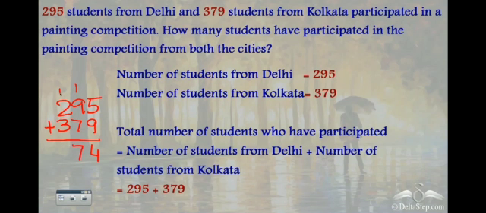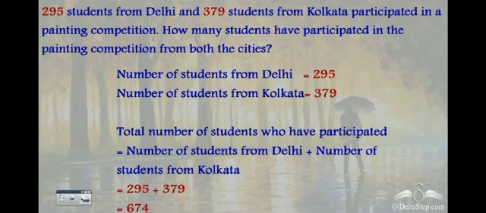Now 1 plus 2 is 3 and 3 plus 3 is 6. So the answer is 674. So the total number of students who had participated in the painting competition is 674. So this is how we can solve word problems using addition.